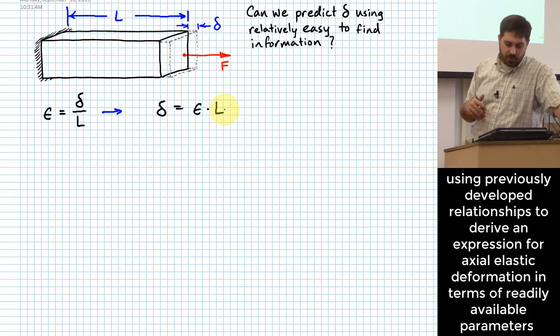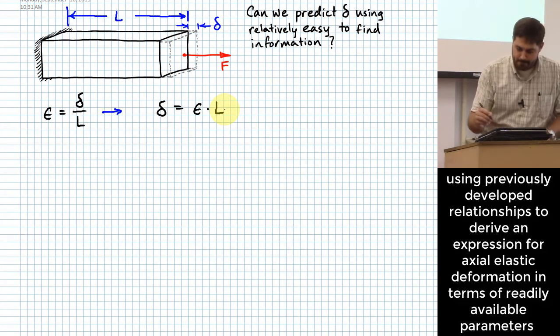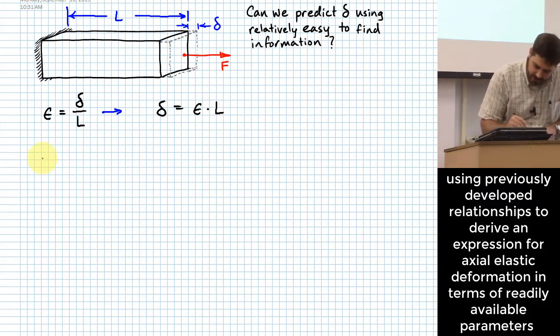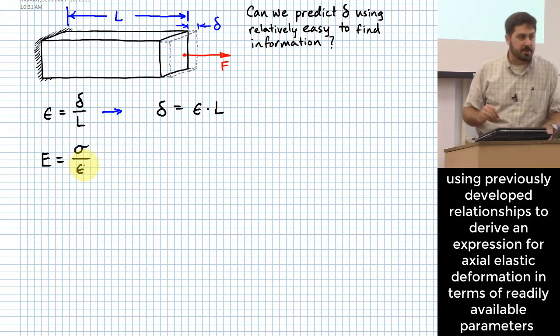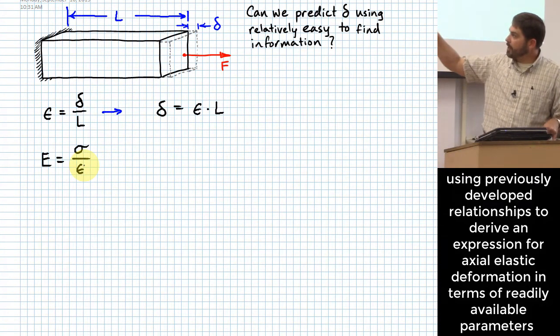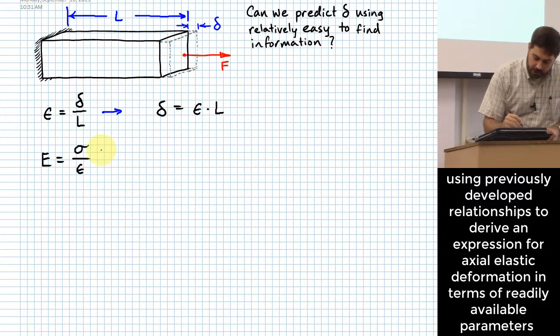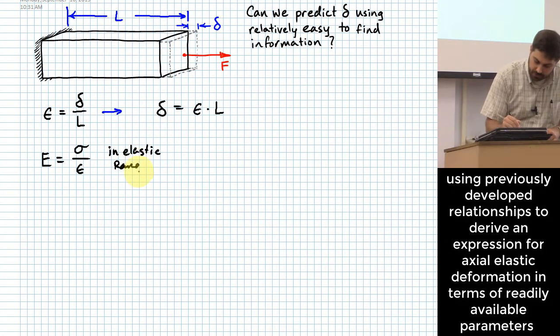And how did we end up defining that modulus of elasticity when we met last time? We said that the modulus of elasticity was going to be equal to stress over strain in the elastic region of the material. So already what we're going to say is that what we develop here in terms of the deformation of this body is only good for the elastic range of the material.